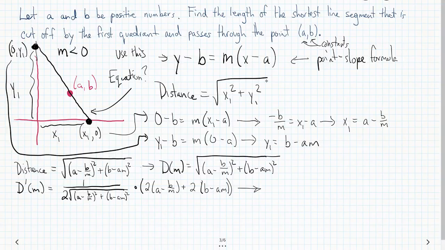The 2's will cancel, and so like this 2 and this 2 would cancel off of that 2. So what are we left with? We're left with 0 equals a minus b over m plus b minus am. Right? Questions on that?